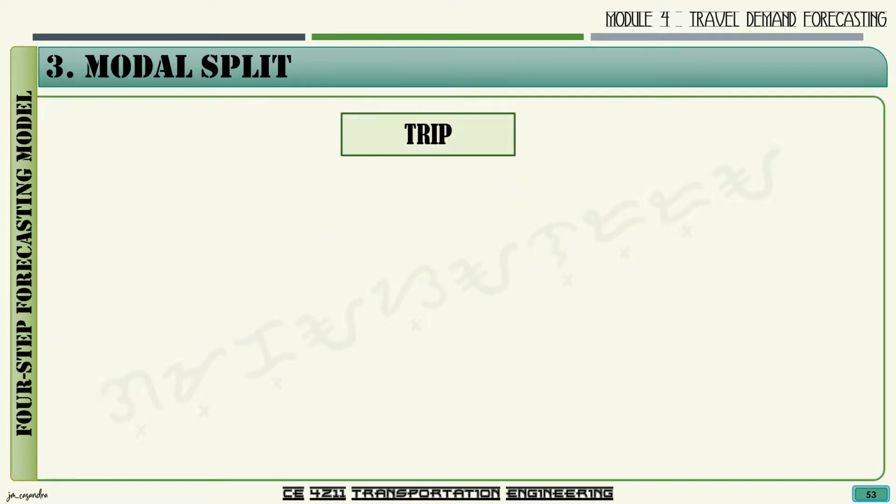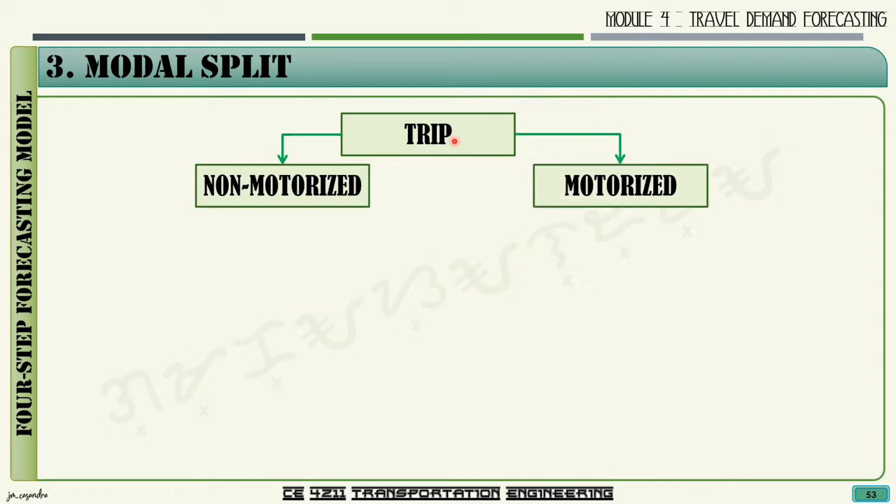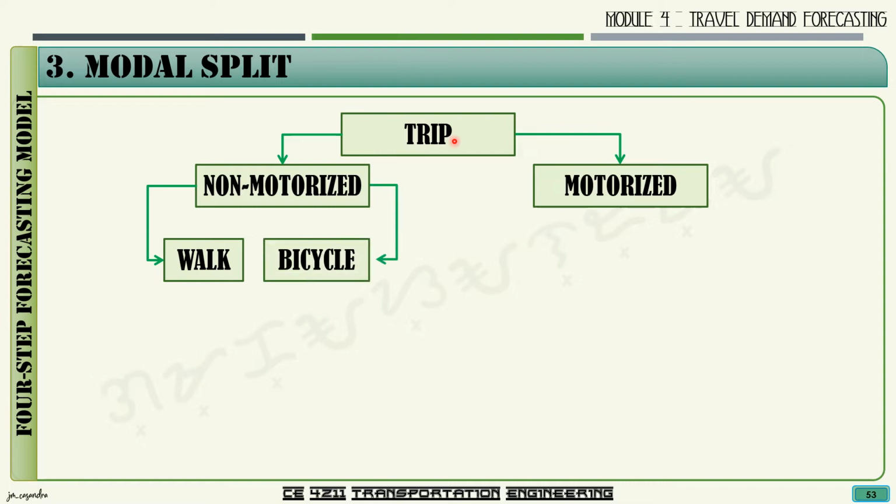An example of binary choice would be, if we have a trip, we could choose as a type of transportation a non-motorized transportation or a motorized transportation. In non-motorized, our travelers could choose either to walk or to use a bicycle.